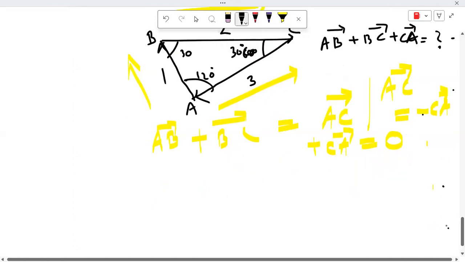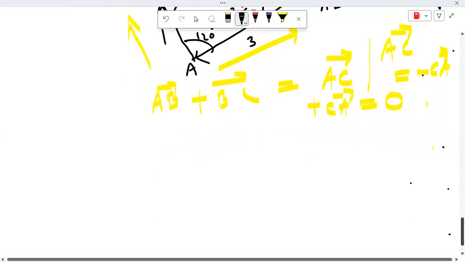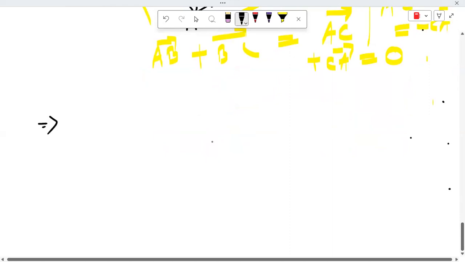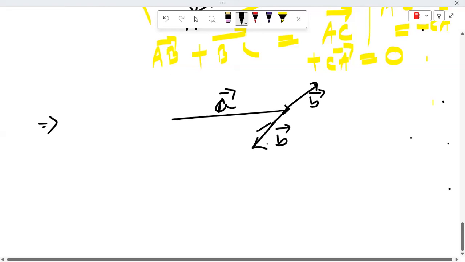All right. This kind of question you should not take much time on, as you already know about practice. If we have A vector like this and B vector like this, and you extend B backwards, in the opposite direction of B with the same magnitude, then this becomes A vector minus B vector.